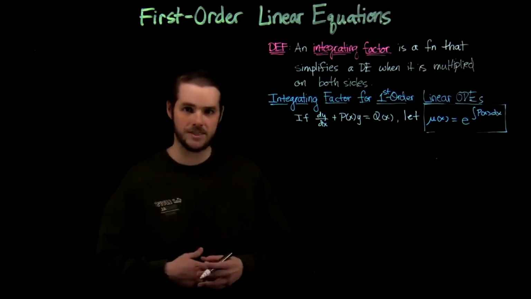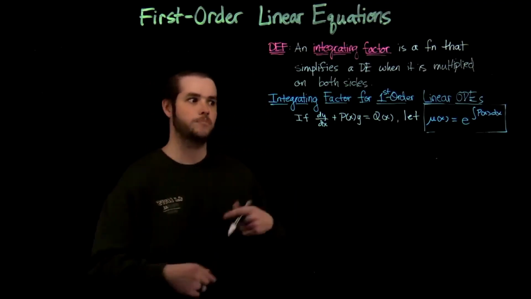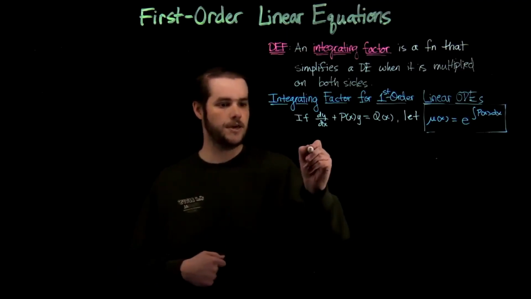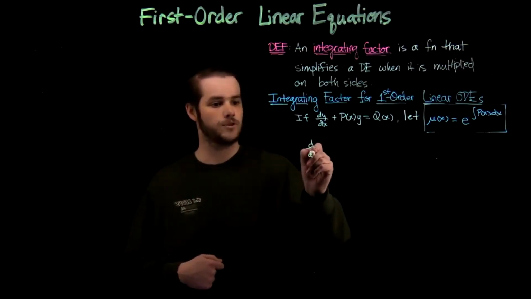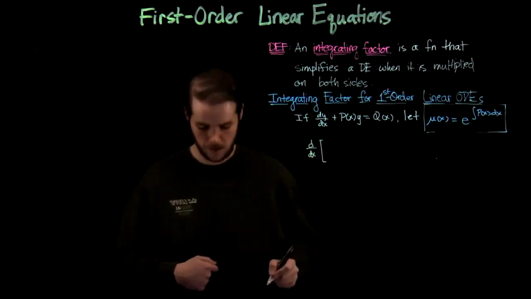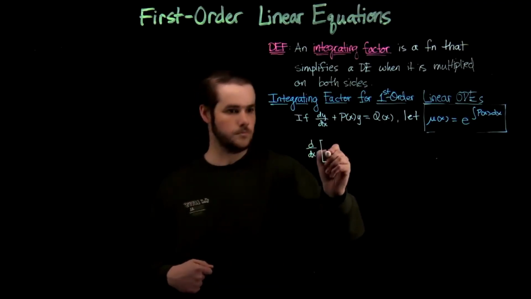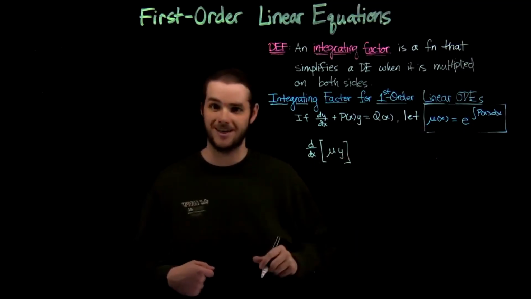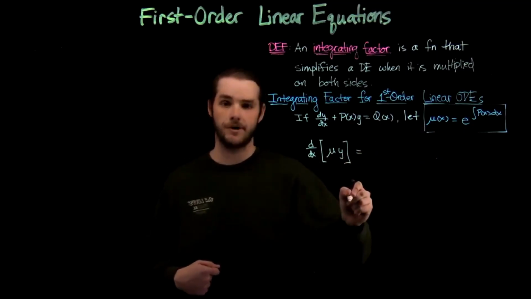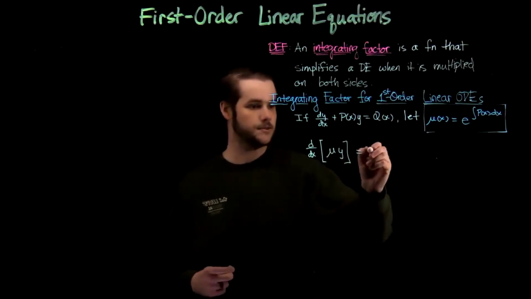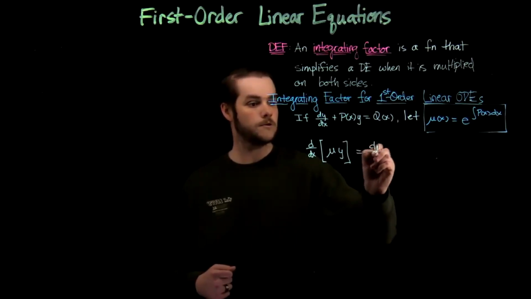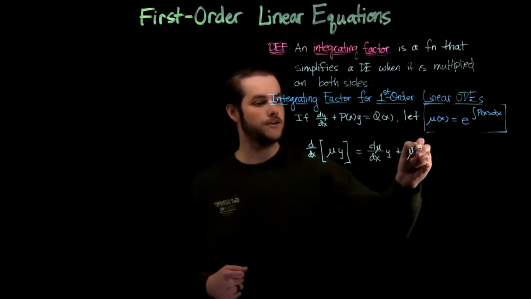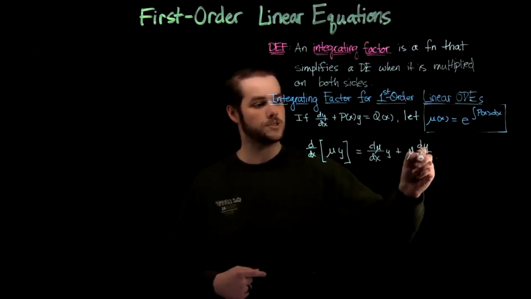If you recall from the last video, as we were developing the formula for the particular solution, we've actually already seen that the derivative with respect to x of mu times y, the mu being the function I've defined here, is the derivative of mu with respect to x times y plus mu times the derivative of y with respect to x.